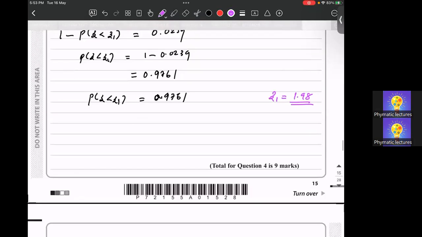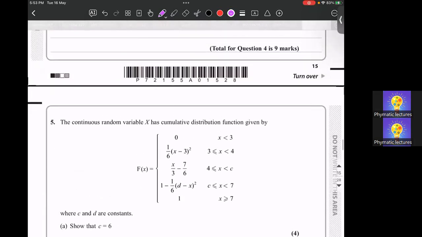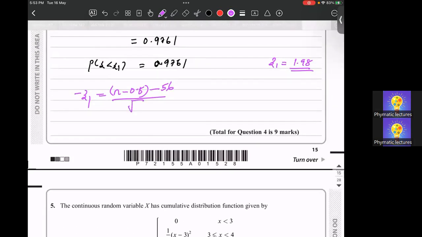But actually our value is negative Z1, right? So negative Z1 is n minus 0.5 minus 56 divided by the square root of 33.6.